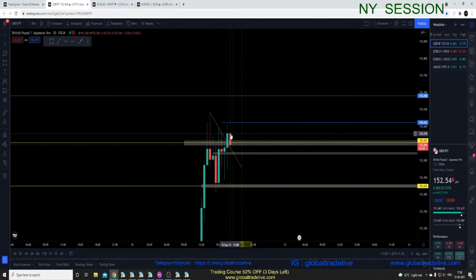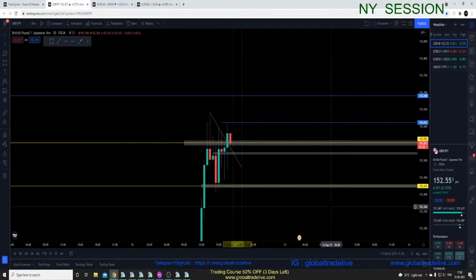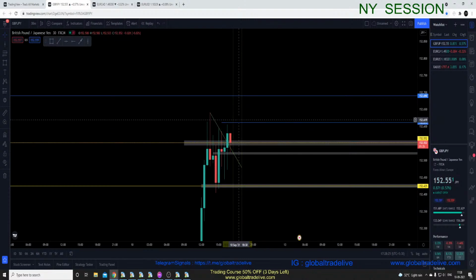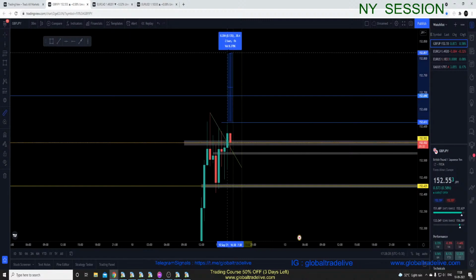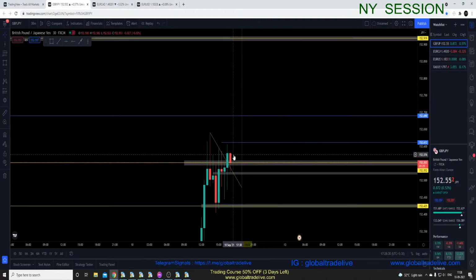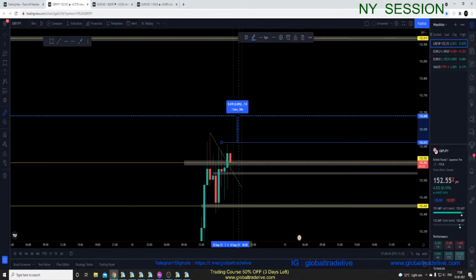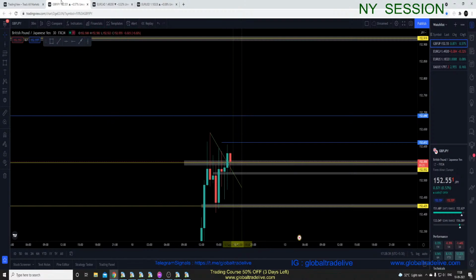Okay, so the next candle will be the New York open volume candle. So I think if that breaks this area over here, 152.610, it will be a really good opportunity to execute a buy. So once it reaches this level, let me just check. This will be 7.8 pips, and after that 10-11 pips.